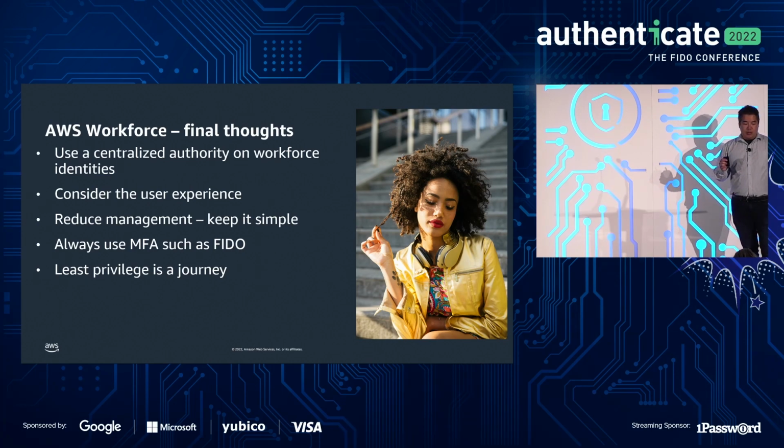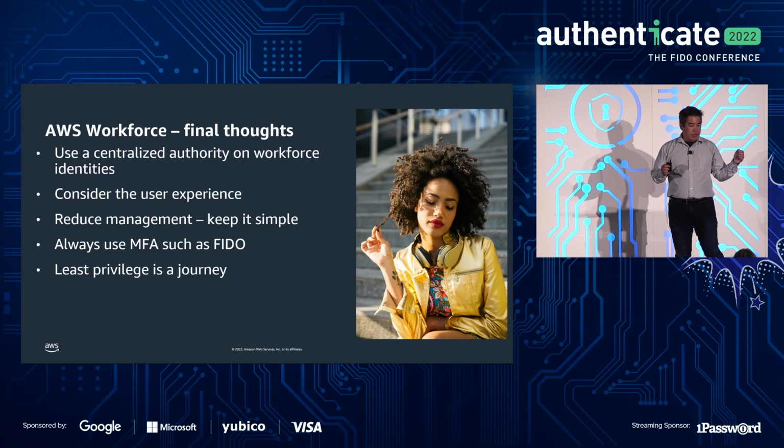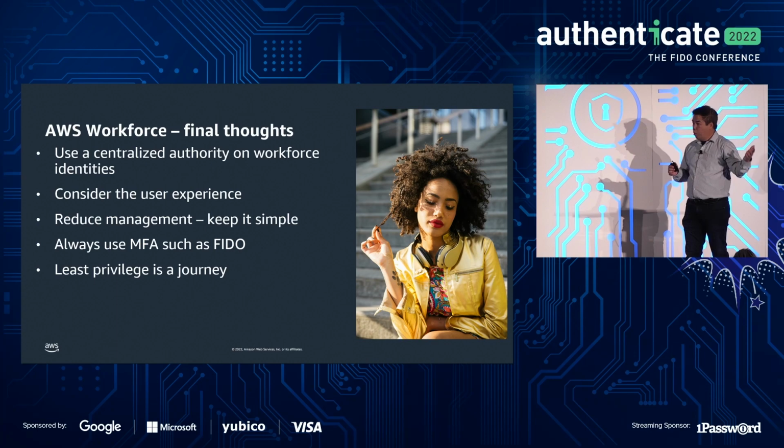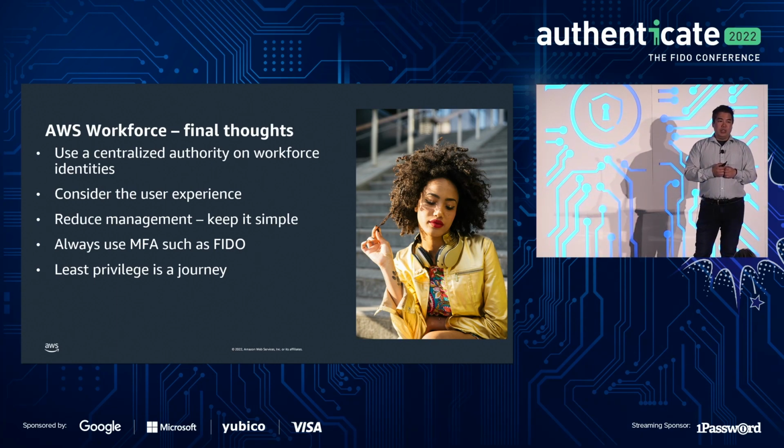This last statement here is that least privilege is a journey. And the reason I brought that up is because when you're doing the other four requirements, it's a journey towards least privilege. Least privilege is not a destination. It's something that's very difficult to get to, but it's all about journeying your way through. What is your appetite for the amount of management?